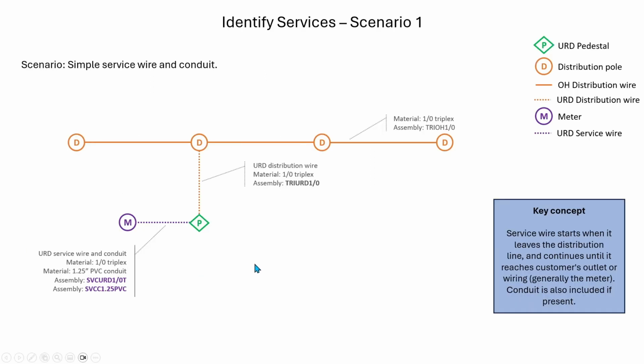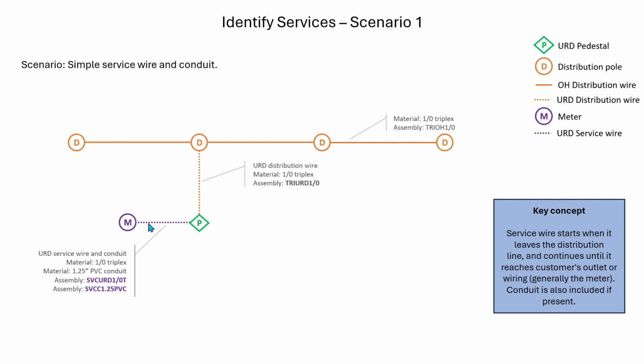In services scenario 1, we have a very simple example of an underground service wire and conduit. So in this case, we started off with overhead switching over to an underground situation from this distribution pole through a riser that then goes to an underground wire that connects to this pedestal. And from there, the pedestal has a 1/0 triplex wire going to the meter.